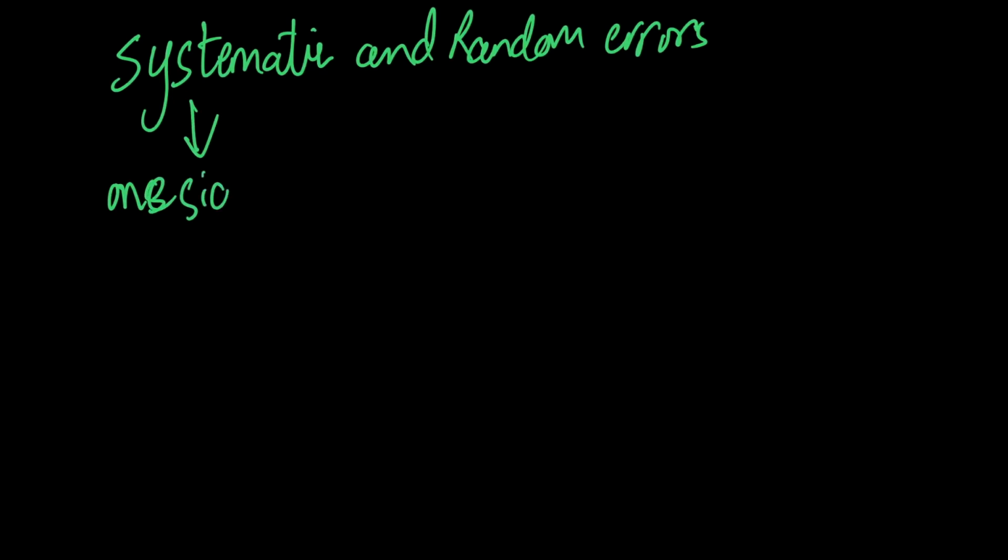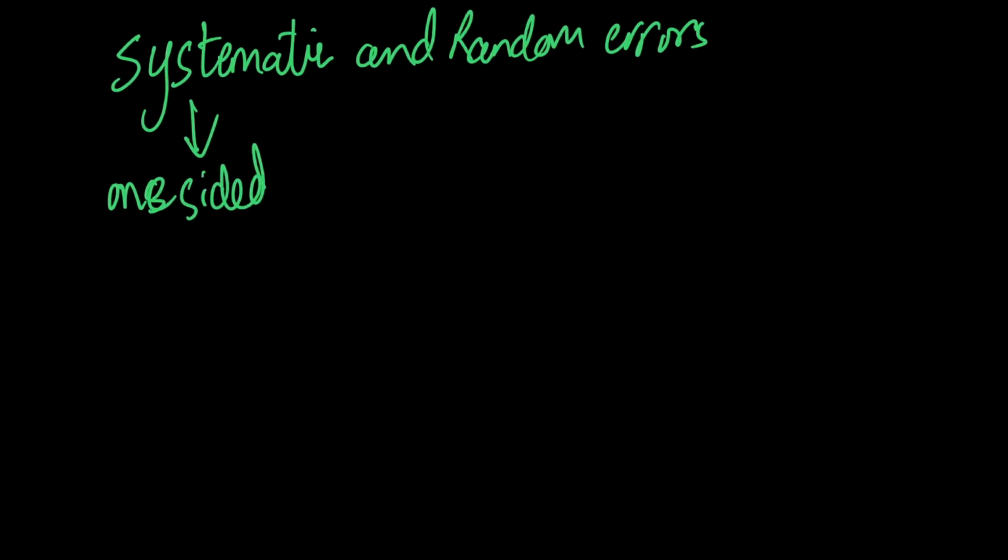All right, now let's link this concept of accuracy and precision with something more theoretical but very practical, and that is systematic and random errors. Now, what are systematic errors? Systematic errors are basically one-sided errors. One-sided का मतलब अभी आपको थोड़ी देर बताएंगे.